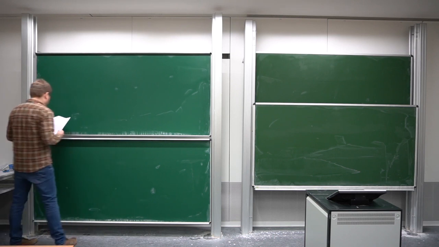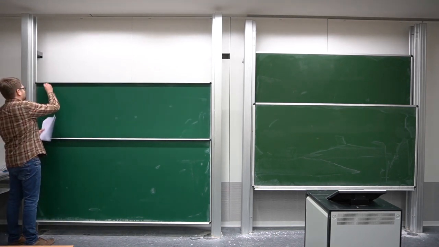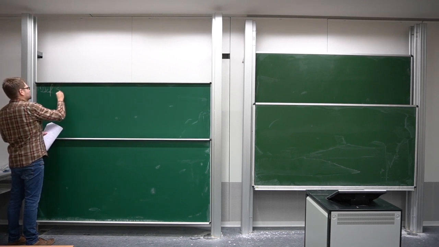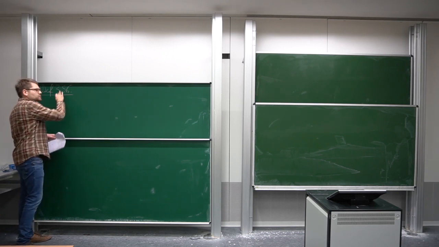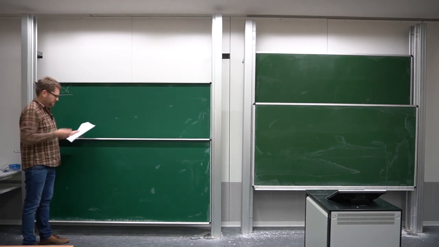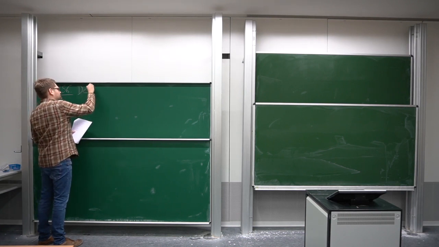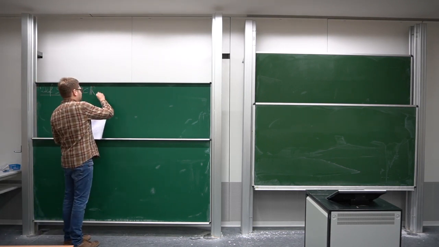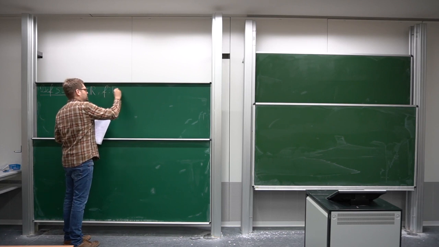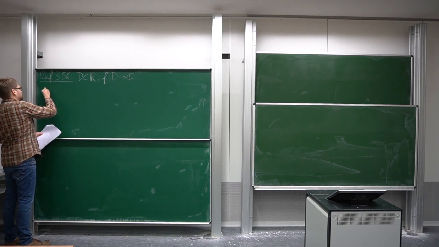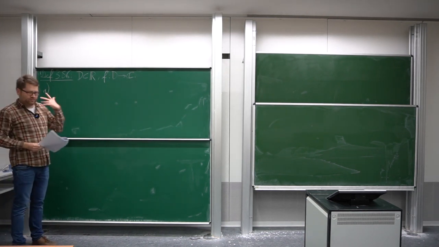I also want to formalize this by giving the explicit definition. How can we express what a function does for very big or very small values? We again take D a subset of R and f a function from D to C. In the first case, we want to see what happens if we go to plus infinity.